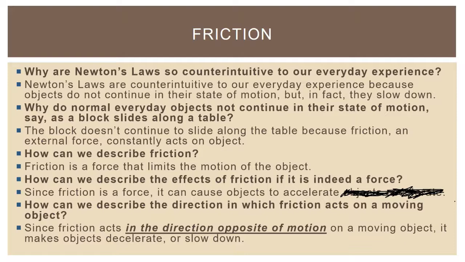Since friction acts in the direction opposite of motion when it's acting on a moving object, it makes objects decelerate or slow down. So when an object is in motion, the force of friction always acts opposite the direction of motion. That's an important thing to remember. Obviously, we're going to continue to bring that up.